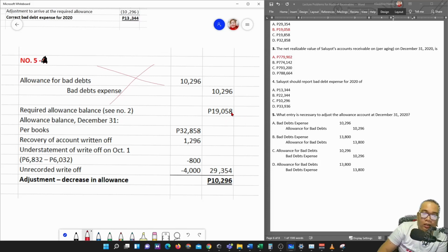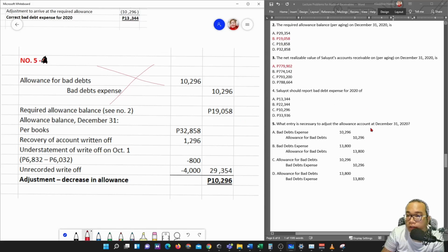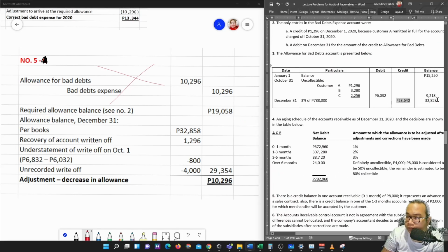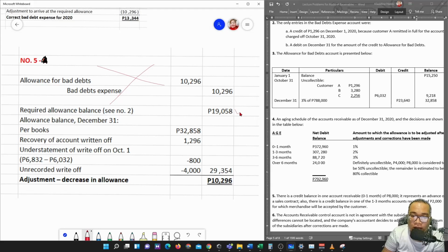Ngayon, yung allowance balance mo na nakalagay sa books mo in the amount of 32,858, medyo hindi yan tama. Ito yung record mong allowance, pero yung totoo, yung required talagang i-record mong allowance is this one.